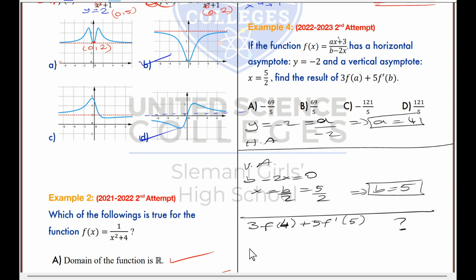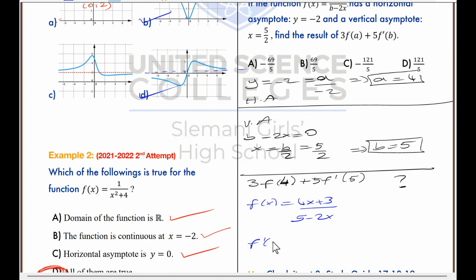F of x equals a, which is 4x plus 3 over b, which is 5 minus 2x. That's the original function. In this function, I will evaluate it at 4, and I will also evaluate the derivative at 5. So I should take the derivative then.